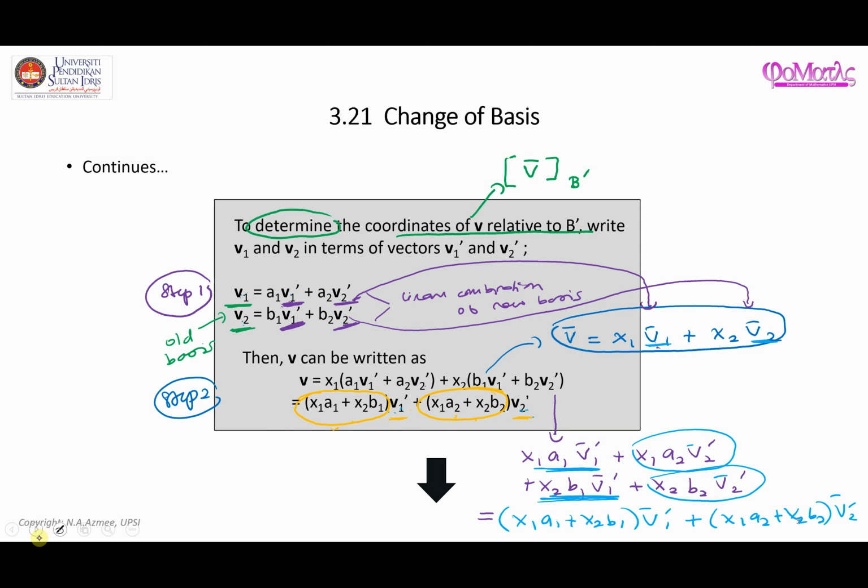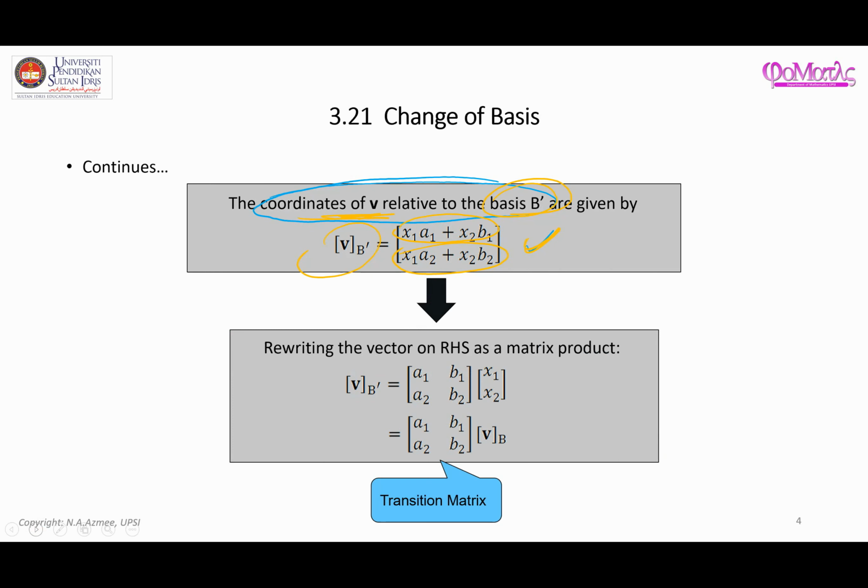So that's the explanation. And then this process can be written by separating the whole thing and writing it in this way. By multiplying, here is a 2 by 2 matrix, this is 2 by 1, so the result is 2 by 1.